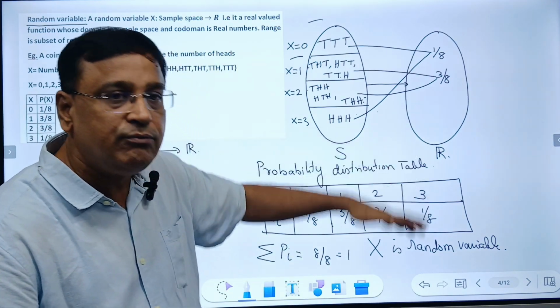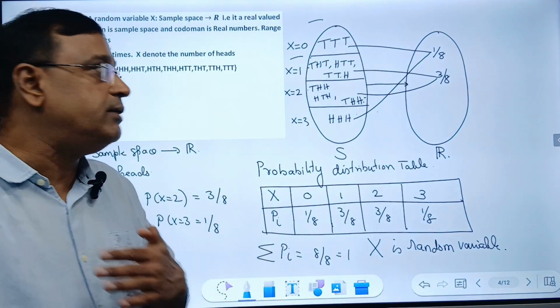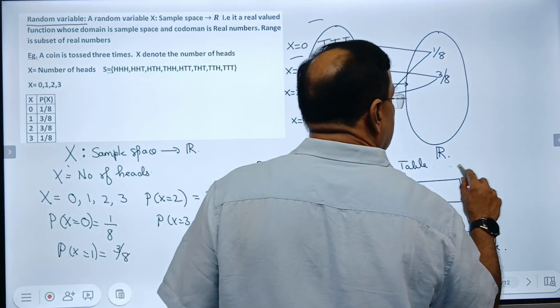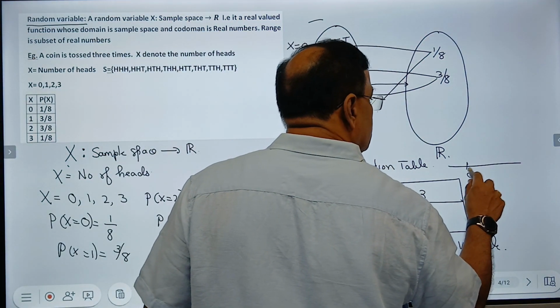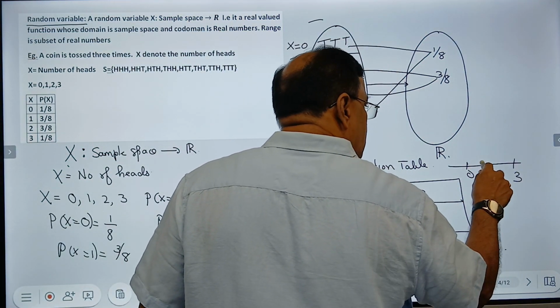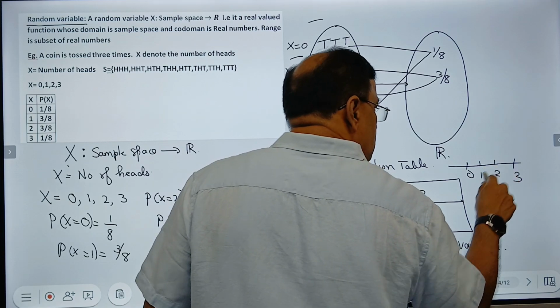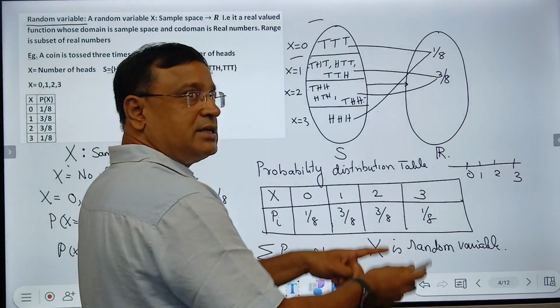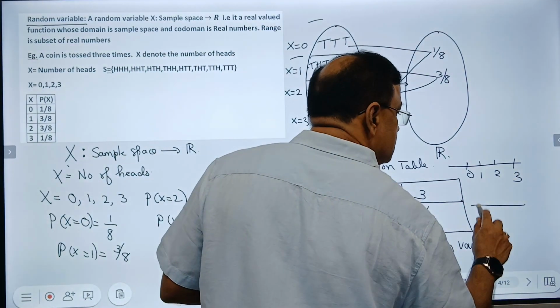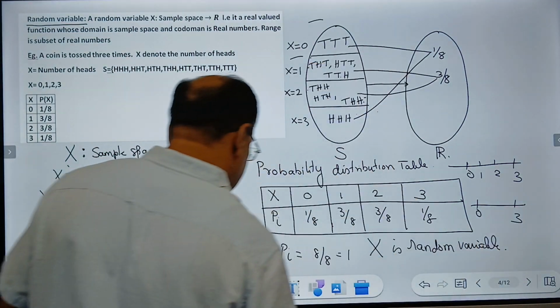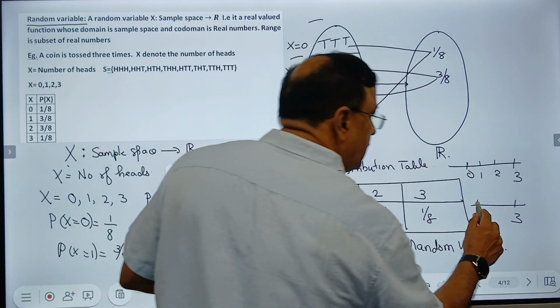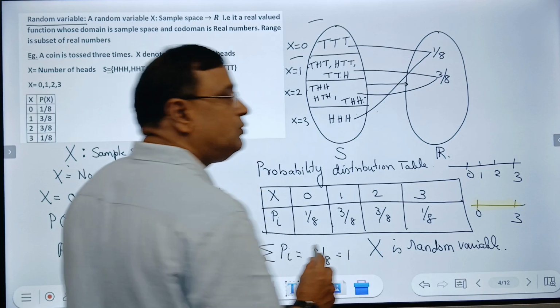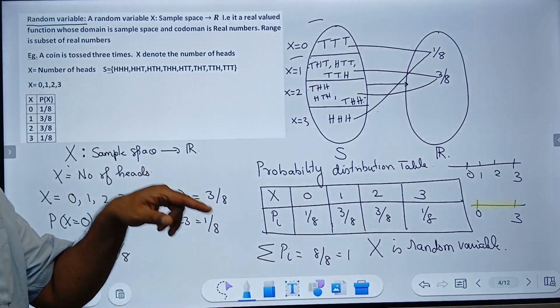Such random variables are called continuous random variables. If I put it on a number line from 0 to 3, with 0, 1, 2, 3, this is discrete. Whereas if I take all the values from 0 to 3, it is continuous.